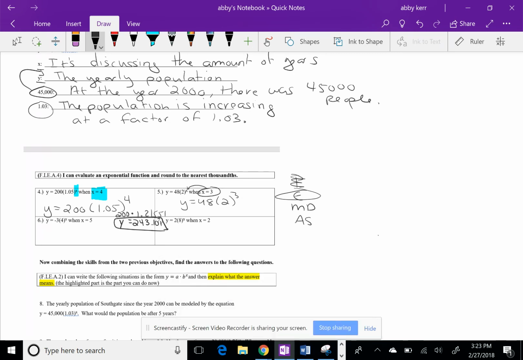So then 45 times 2 raised to the 3rd power is 384. Y equals negative 3 parentheses 4 raised to the 5th power. So 4 raised to the 5th power is 1024 times negative 3, which will get you negative 3072.